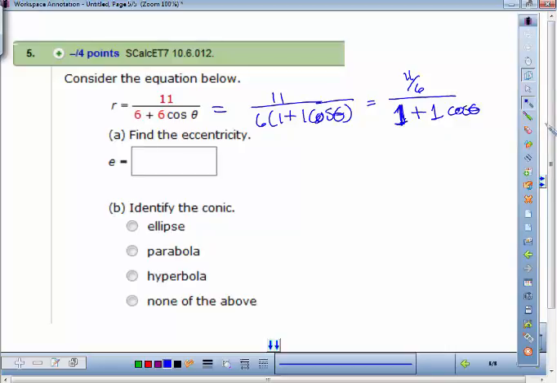Does this give you a hint on what's happening? What do we have? Well, first, what's the eccentricity? So remember that the eccentricity comes in 2 places. One of them is a coefficient of the sine or cosine.